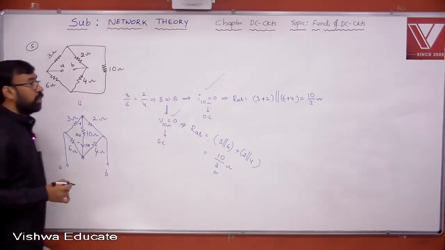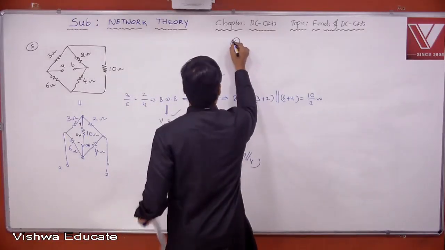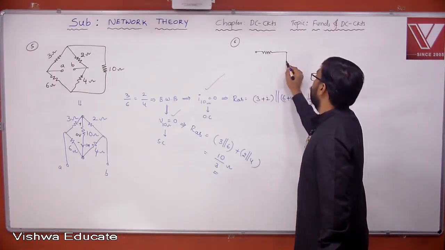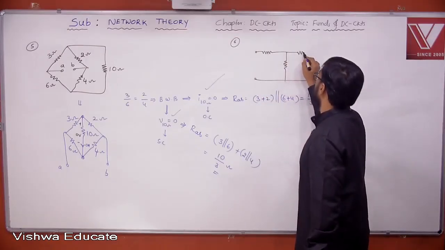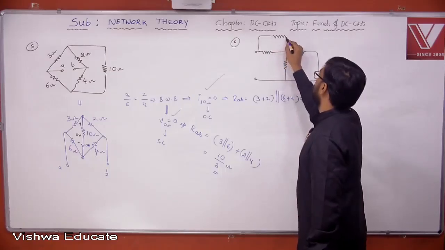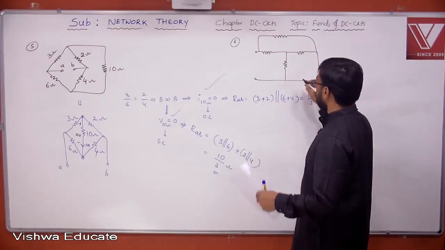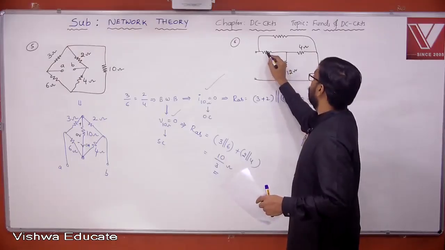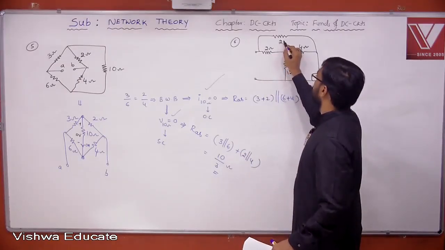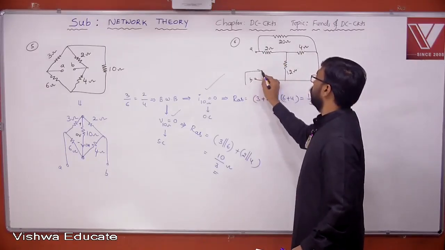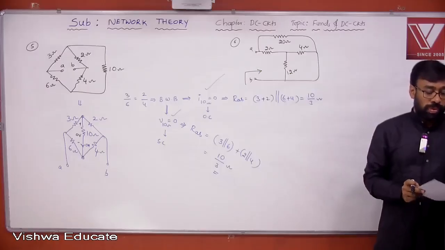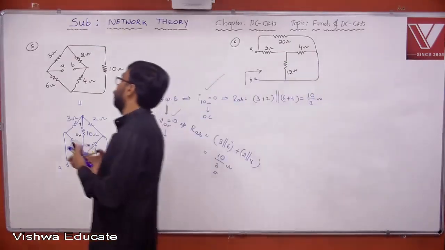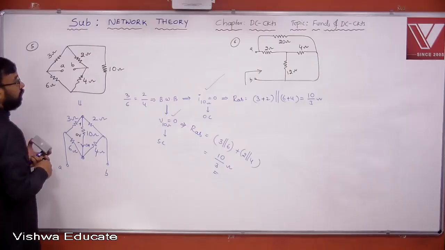Current 0 refers to open circuit, voltage 0 refers to short circuit. Find RAB.